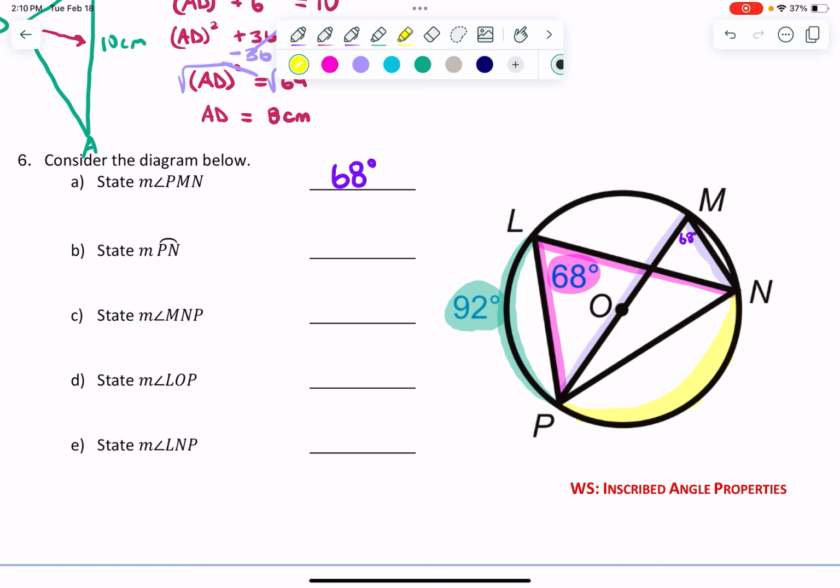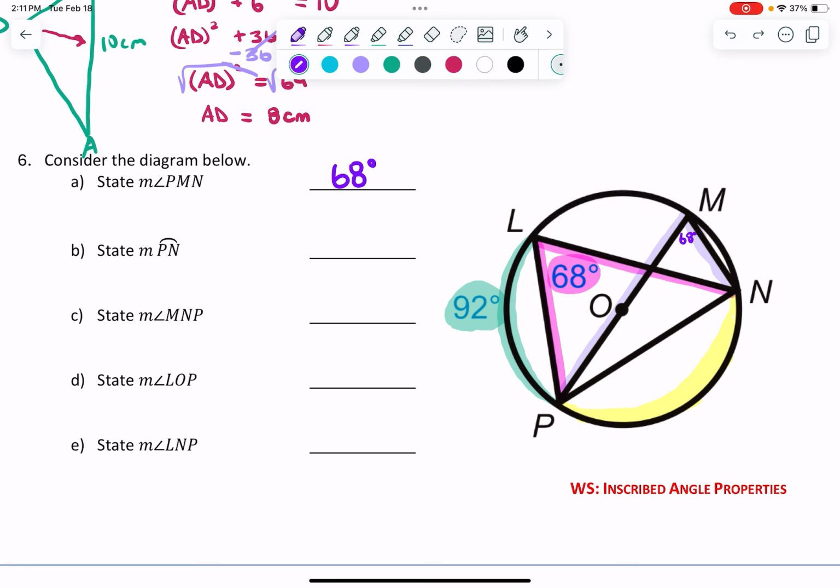Way number 1 was saying, if I know the rest of the circle, then I can figure out a component of it, because I know all of the arcs in a circle add to 360. So if I had the yellow part, the green part, and that remaining chunk that's unhighlighted and unlabeled, I can figure out the yellow. But that's not a pathway I can take at this point because I don't know the remaining chunks. I don't know this chunk of the circumference. So that's kind of out.